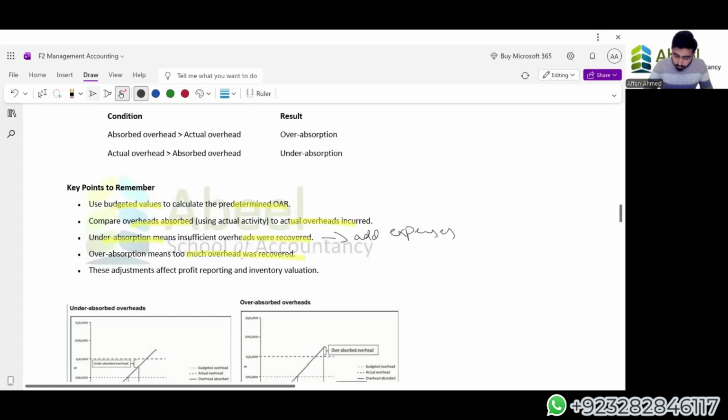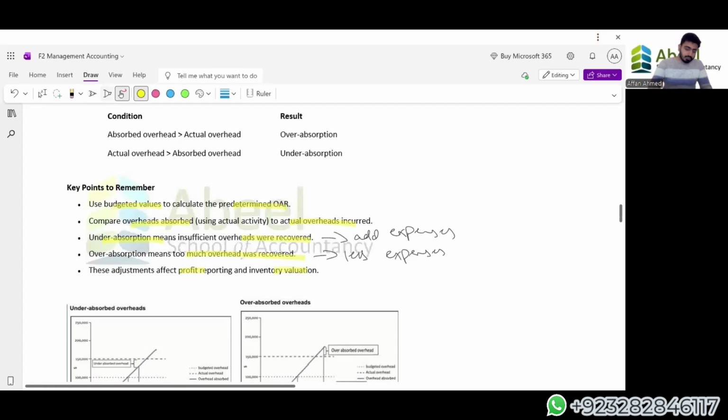If you have an over absorption, we less expenses. Remember this rule: less expenses means add income or reduce expenses. Add expenses means add overhead expense, and you can record it easily. These adjustments affect profit reporting and inventory valuation both.